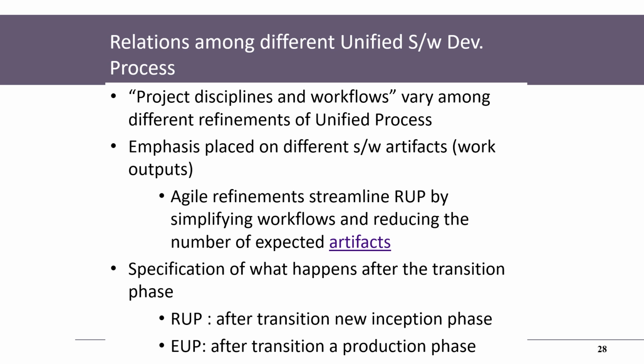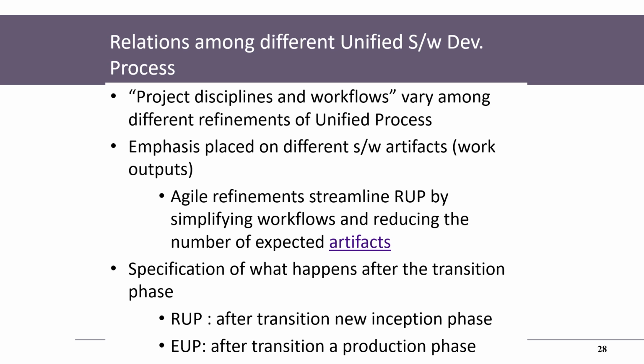If you compare, this is an activity that I would like to give. See the relationship among the different unified software development processes. If possible, you can find some more and use the discussion forum to discuss them. Especially the project disciplines and workflows vary among the different refinements of the Unified Process. That's the key thing.